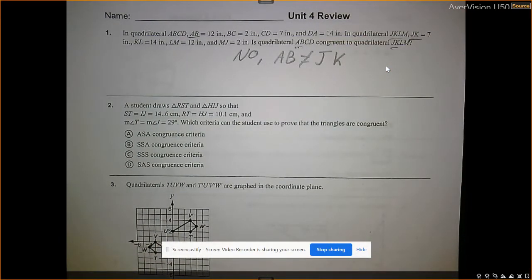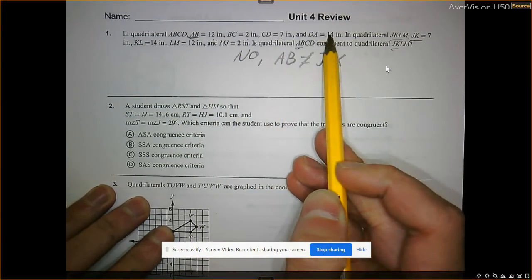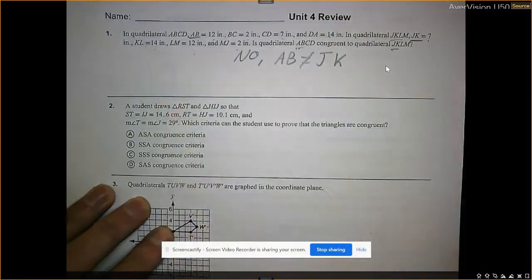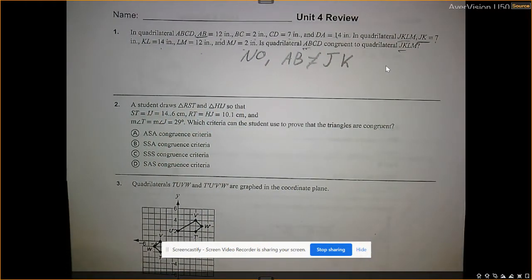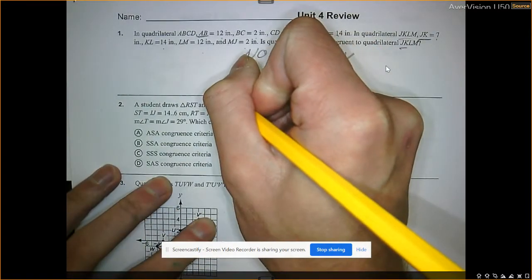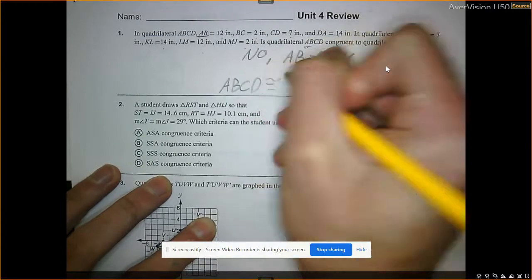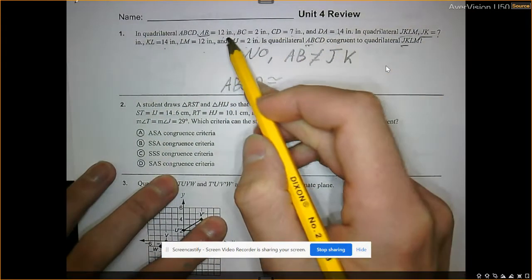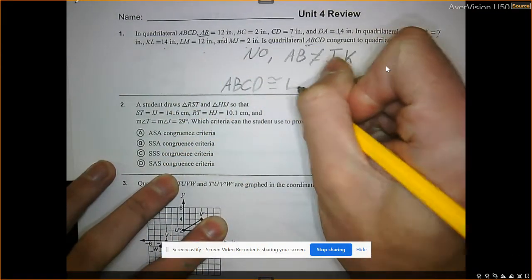All right, now looking at this, 12, 2, 7, and 14 are the side lengths of JKLM, just in a different order. So if I wanted to say quadrilateral ABCD is congruent to something, I could. I just can't say it's JKLM. AB is 12, so I have to start with what's 12, and that's LM.